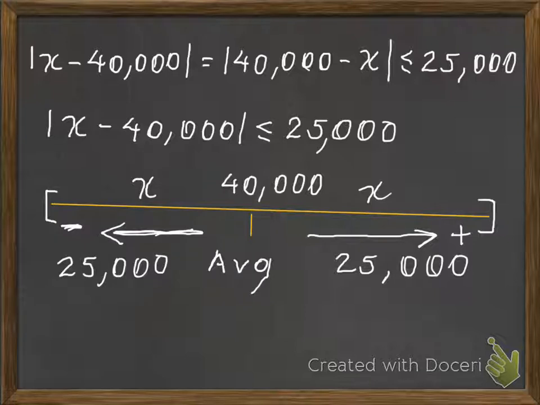And the difference between the average and actual salary is less than or equal to $25,000. So that's the maximum difference between the two salaries. Now the first point I want to make is here.